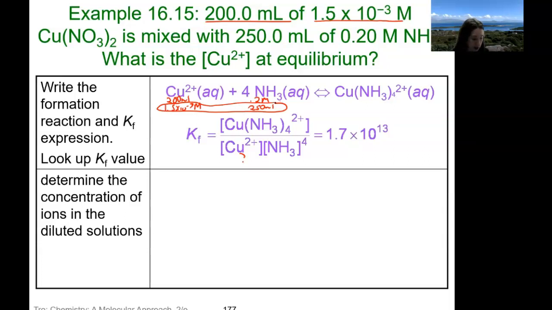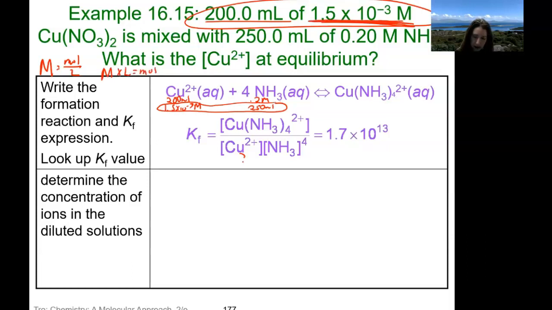So remember, we need to find our moles over liter. So we can find the moles of this, right? Because, and I'm sure you learned this before, if molarity is moles over liter, then molarity times liters equals moles.